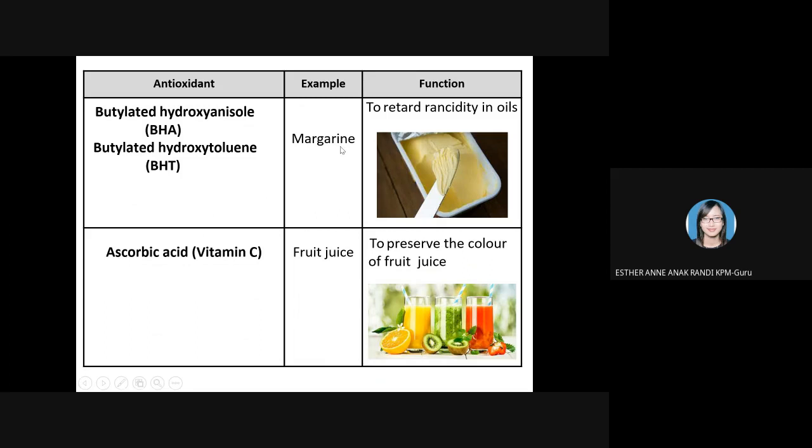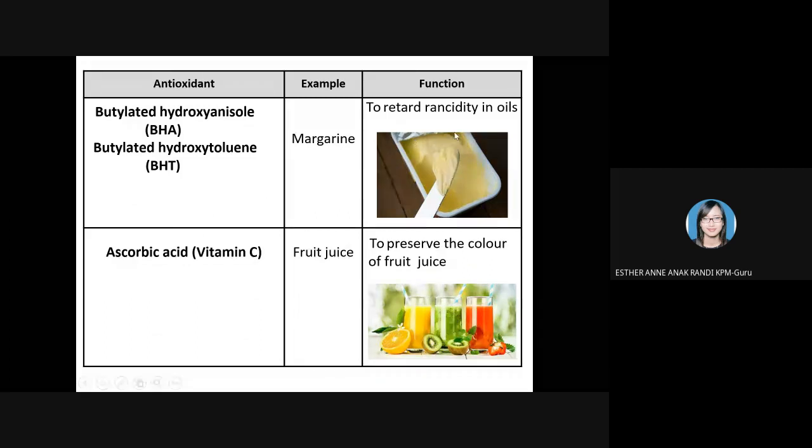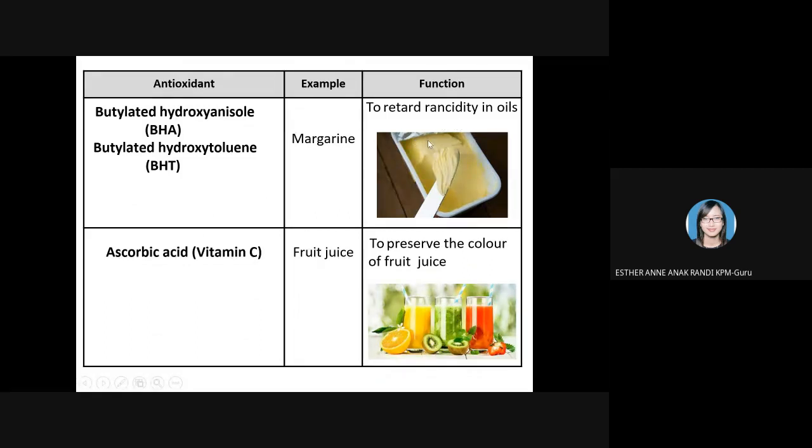For example, margarine, okay, to retard rancidity in oil. So kita nak pastikan margarine ni dalam keadaan solid, dia tak rosak, dia tidak berair and so on. Acid also in fruit juice.